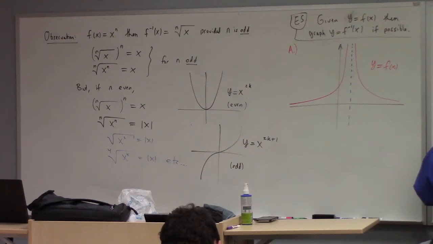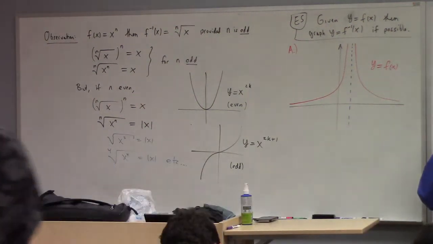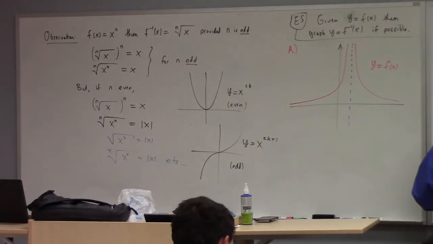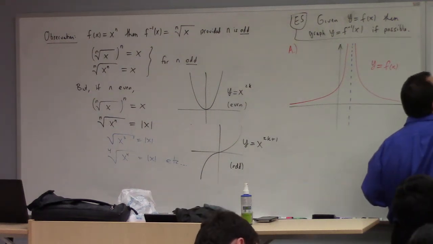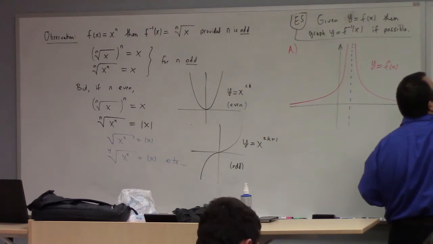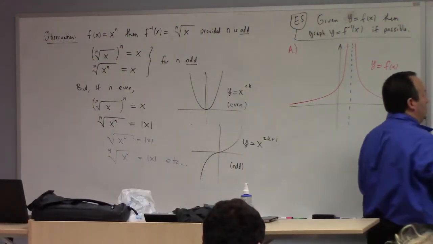This point will be 0, 3, let's say. And this point over here, we'll say is minus 2, 0, just to help us out. All right, anyway.